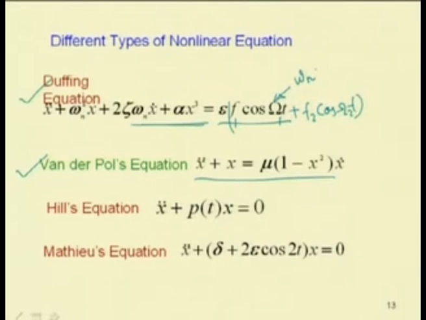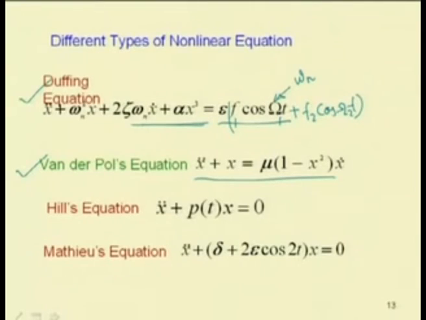But in case of a nonlinear equation, this may or may not happen. The resonance may happen at a frequency lower than the natural frequency, or it may take place at a frequency higher than the natural frequency. And in case of a linear system, this frequency omega is independent of the amplitude. Amplitude depends on the frequency, but frequency does not depend on the amplitude.